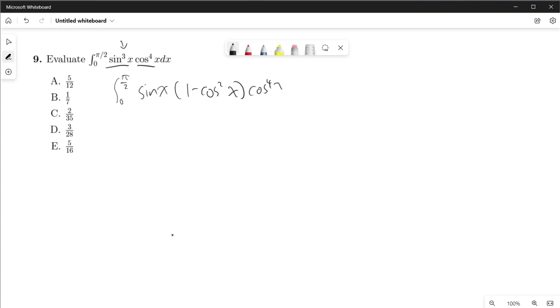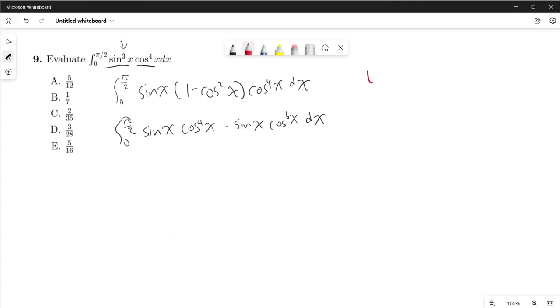Right, in this case, after I distribute, then I will have two parts. I will have a sine x cosine to the 4th x with this one, and then I will have a sine x cosine to the 6th x dx.